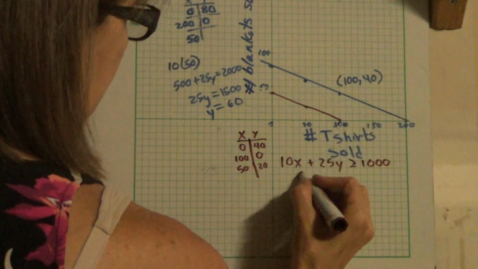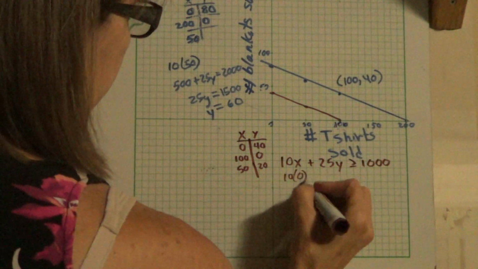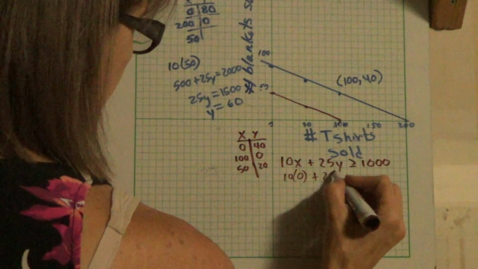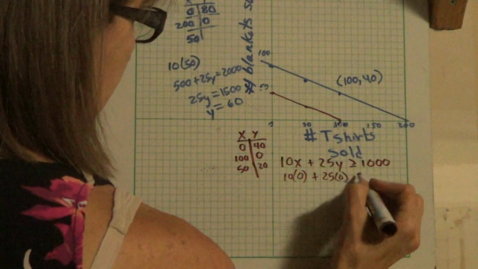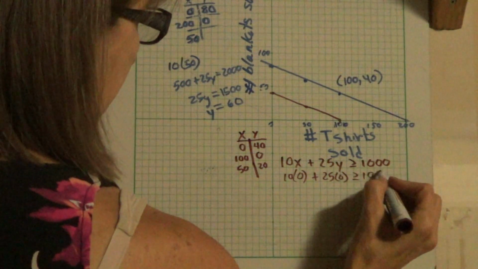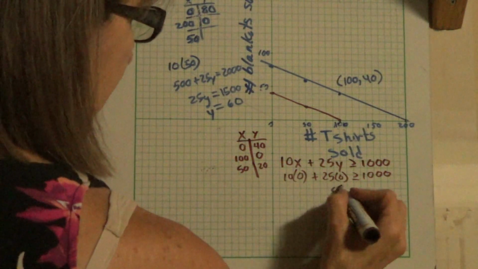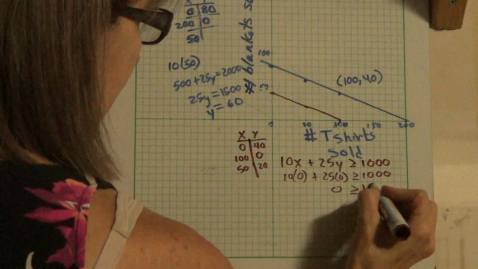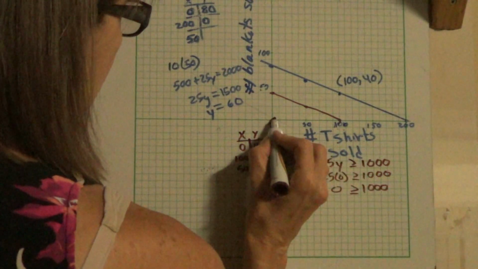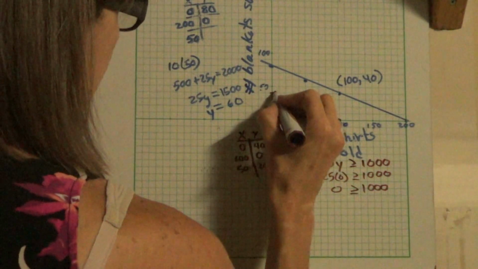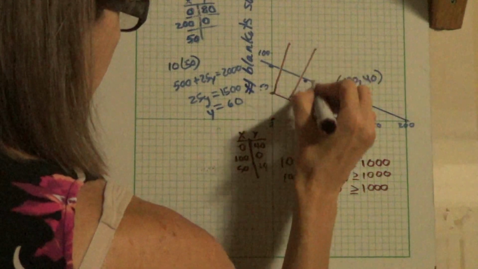If you don't sell any t-shirts and you don't sell any blankets, you know you haven't met your goal, right? So that shouldn't be a part of the solution set. 0 is not greater than 1,000, so we know that we don't shade this way from that line. Instead, we shade out that way.